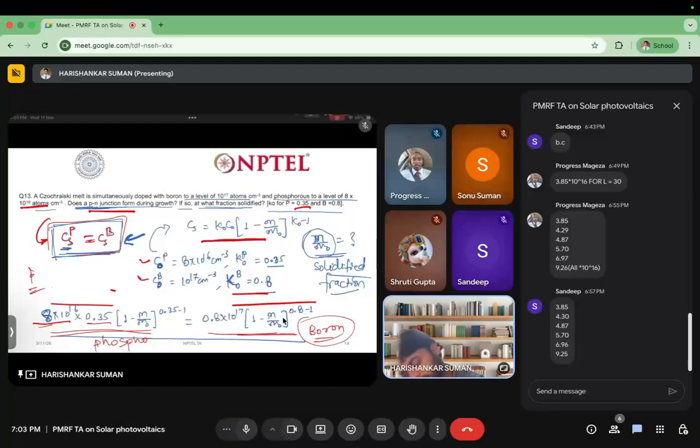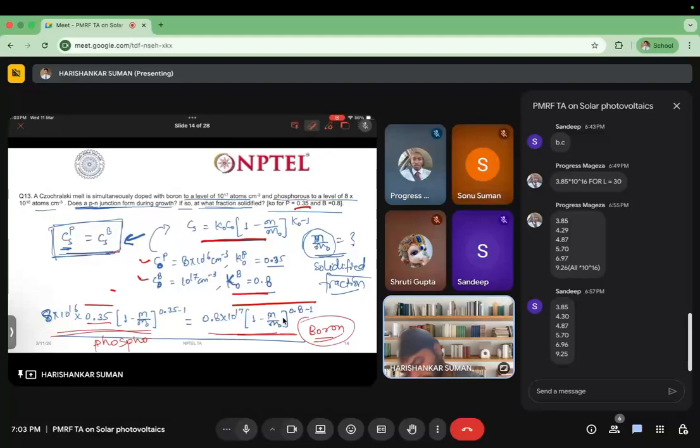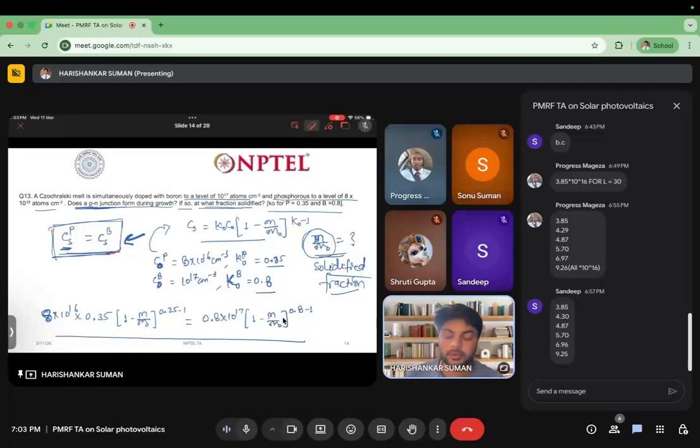Please see this solution and give me the answer for m by m naught. You can take 2 minutes for this. Please see the solution and try to copy this and let me know whether you are getting it or not. Yes, please do.